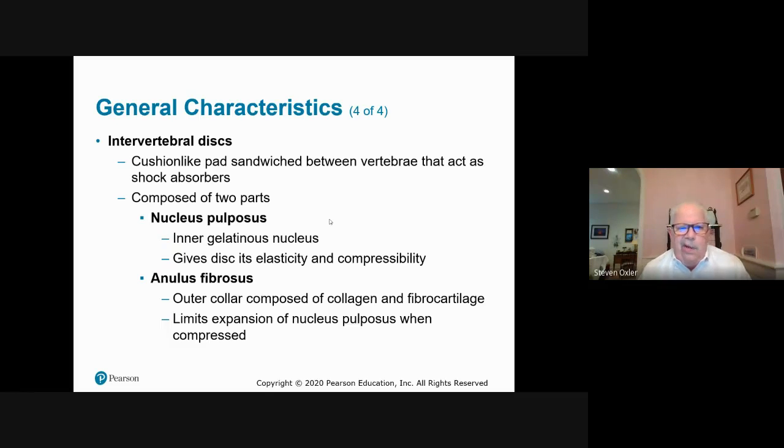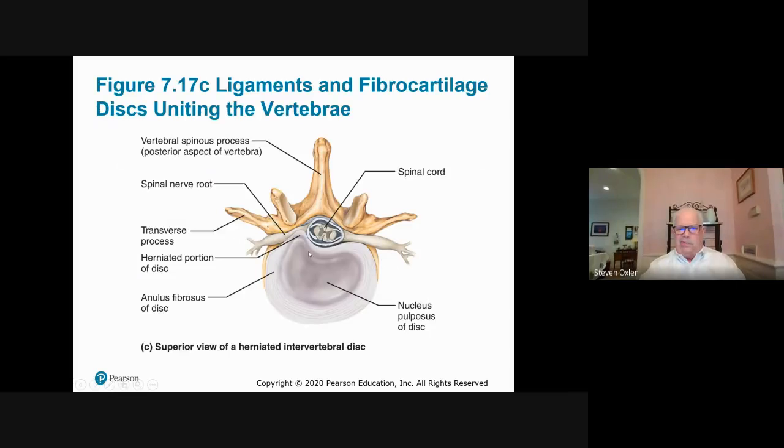The intervertebral disc consists of 2 parts. The nucleus, which is the innermost part of the disc, and the annulus. The annulus is the surrounding fibrocartilage of the disc. So it is the nucleus and the annulus.